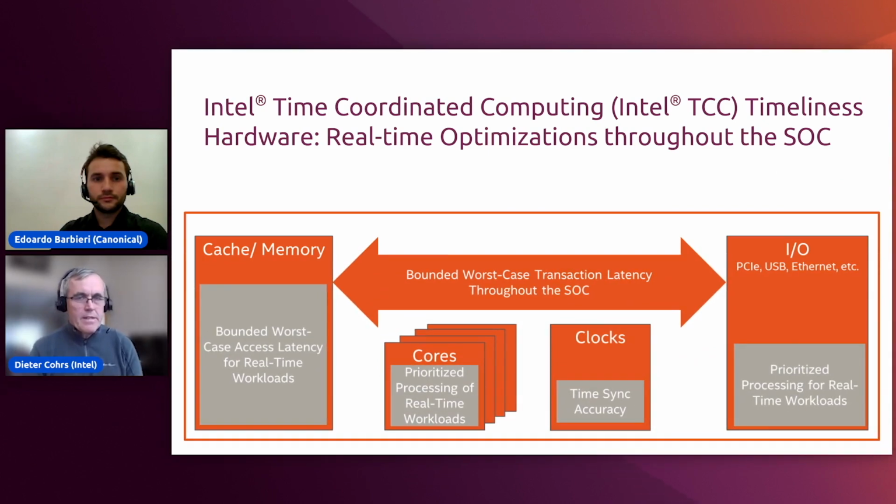Intel TCC is not one IP in our platform that handles real-time processes. What it really is, is a set of optimizations throughout the whole SoC to make sure that the real-time workloads are processed correctly. That means we have optimizations on the cache and memory side to make sure that the real-time workload has enough cache and memory allocated to process.